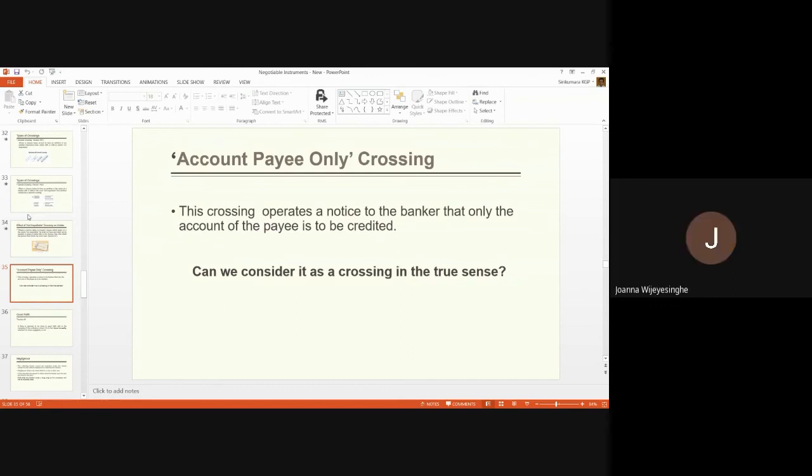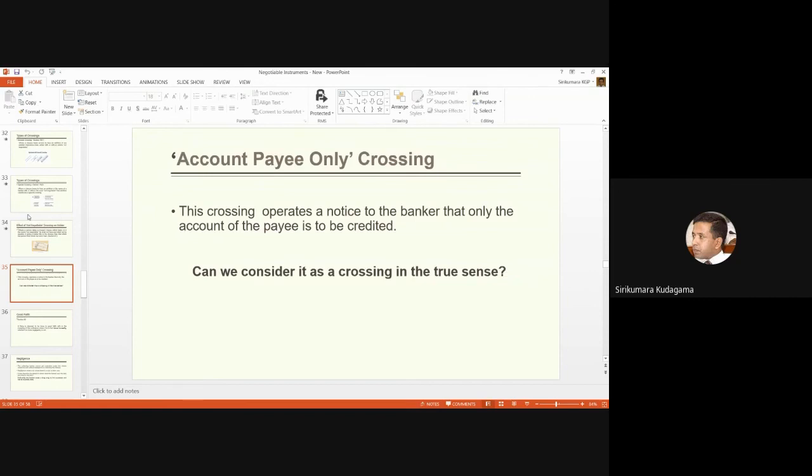No. Then how do you ensure that you are paying it correctly? It's your responsibility. Your customer has drawn a check, put in a crossing saying account payee only. It's your responsibility to obey your customer's orders. That's the first principle here.